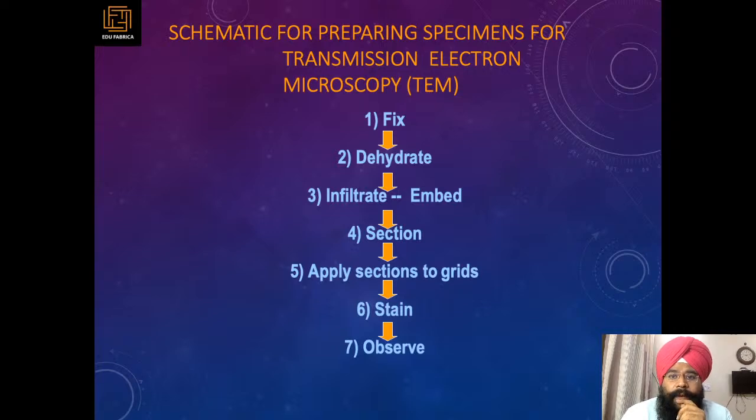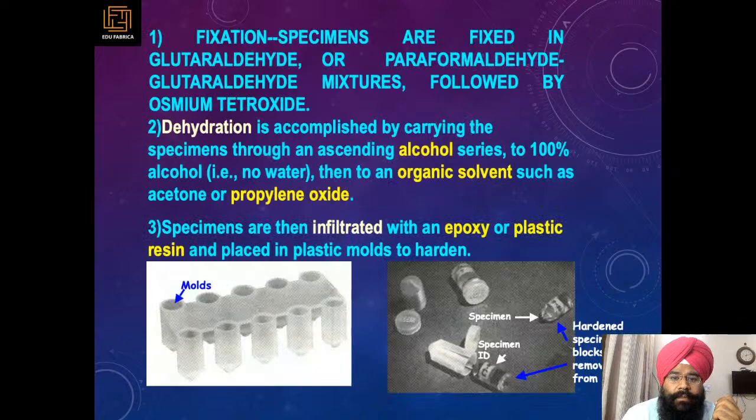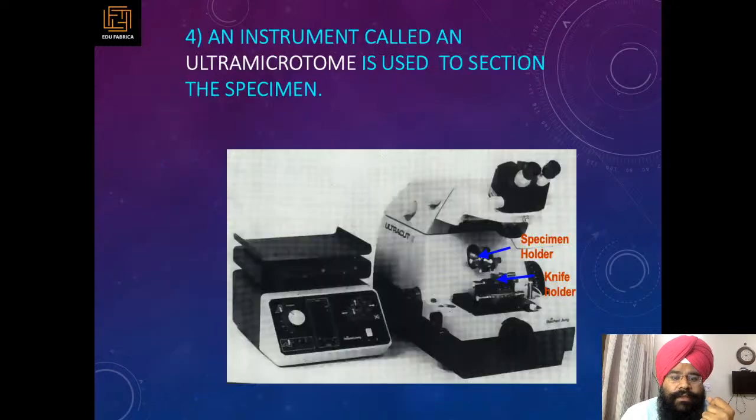So now the preparation for the transmission electron microscope. It is done with fixation, dehydration, infiltration, sectioning, applying sections to grids, staining, and observing in the TEM. These are some molds used. There are different techniques. You use various chemicals like alcohol and organic solvents such as propylene oxide, and then infiltrate the specimens with epoxy or plastic resins.